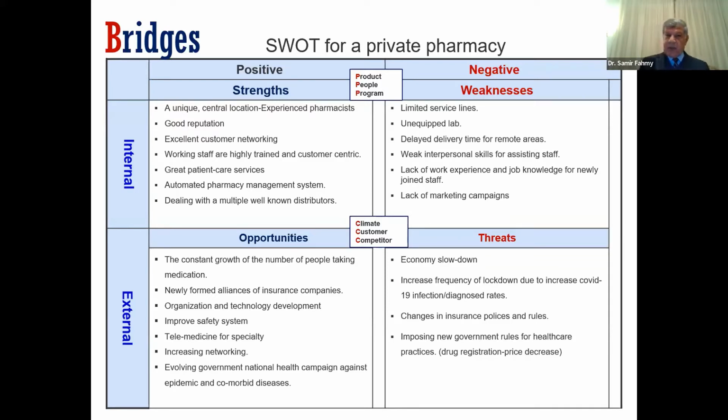For internal, there are positive things that help and facilitate our work, and there are negative things that hinder our performance. And if we leave our organization and go outside, where we meet our customers, facing the market challenges, you might ask them, we have opportunities that are offered to us, as well as other organizations that work similar to us.